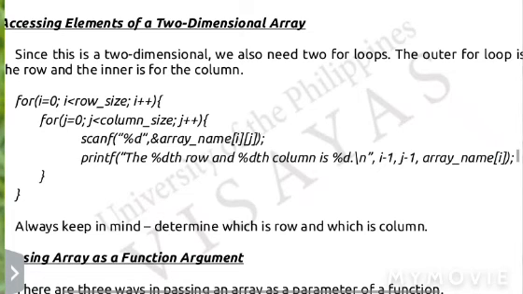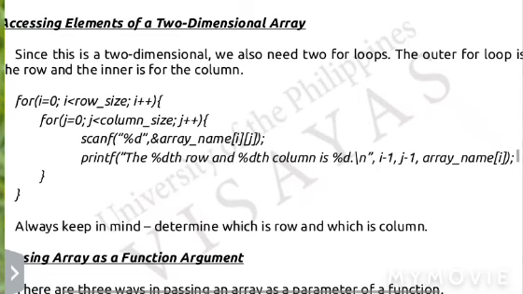Then another for loop with another variable j equals 0, j less than column size, and j plus plus. Then scanf, %d, then the ampersand and the array name. The first value inside the square brackets should be i, which is the outer for loop, and the second value should be j, which is the inner for loop.